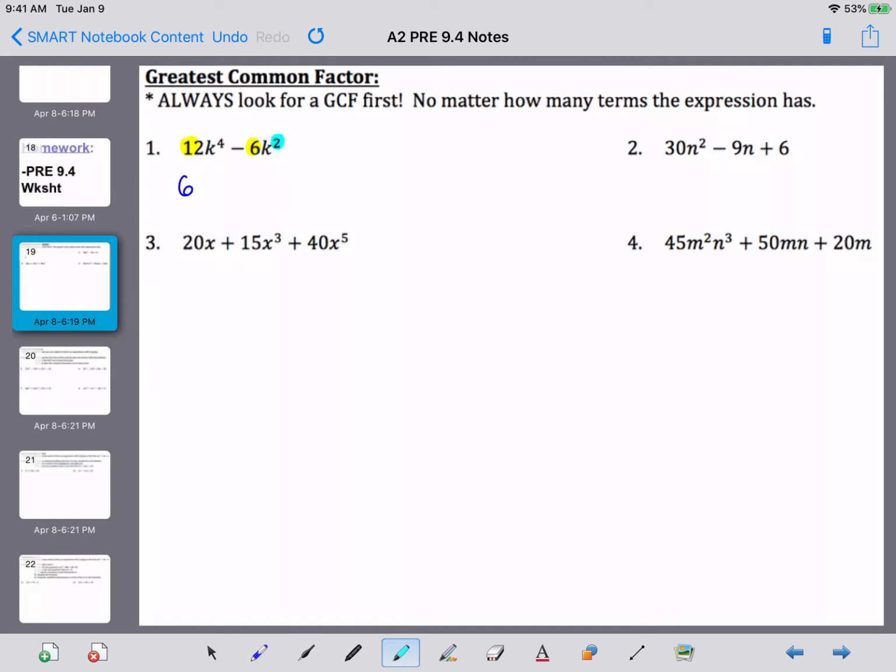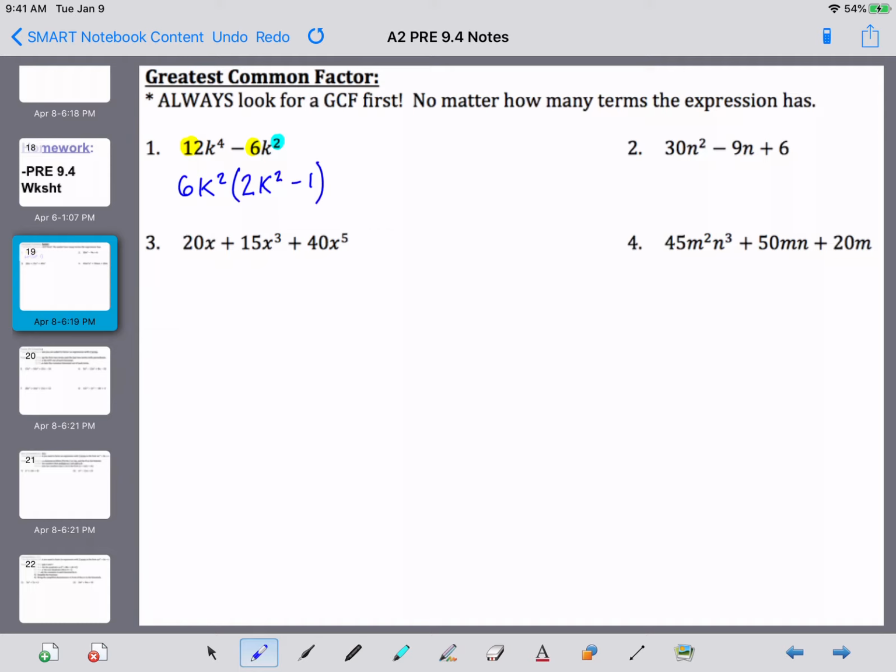So this k squared can come out of both terms. If we divide 12 by 6, that means we have 2 left. If we took 2 k's out of k to the power of 4, that's going to turn into k to the power of 2. And then notice that this term is the same as this term, but we do have to have a minus 1 as a placeholder.